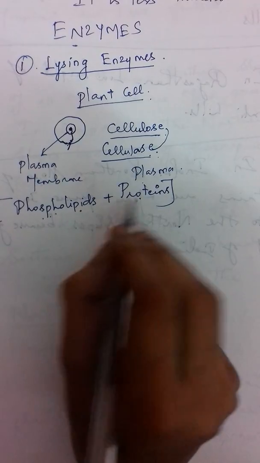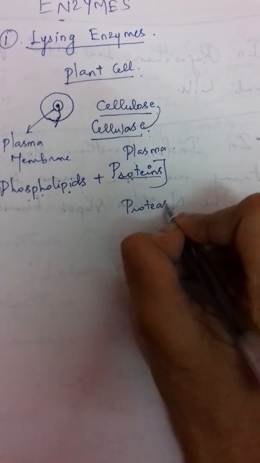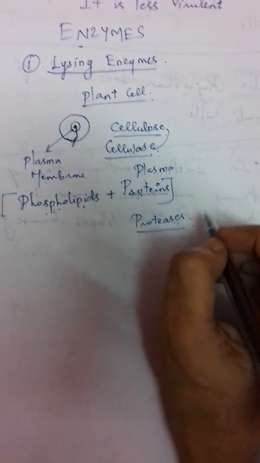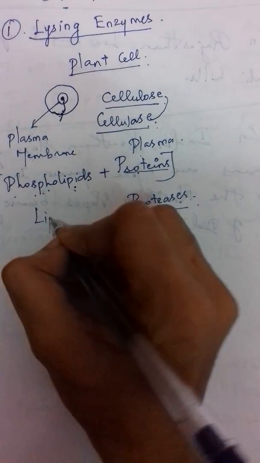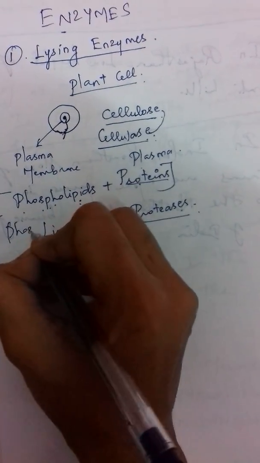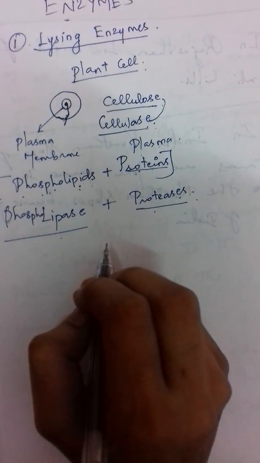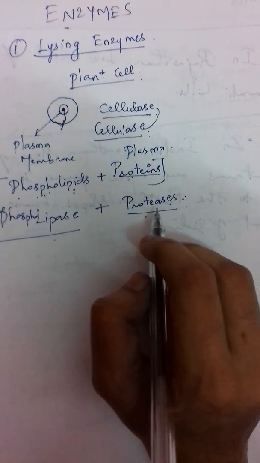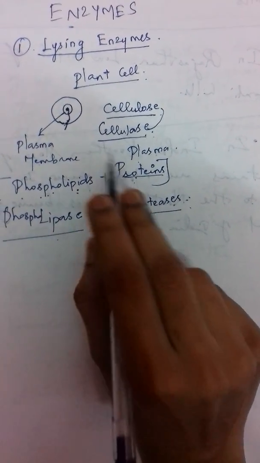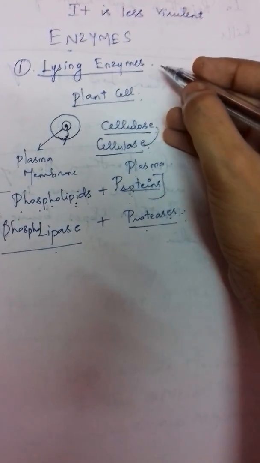How can we break them down? For proteins we use proteases, and for phospholipids we use phospholipase. So these two enzymes we have to use. They come under lysing enzymes because they break down and digest the particles. Then only can we enter into the DNA. So this type is lysing enzymes.